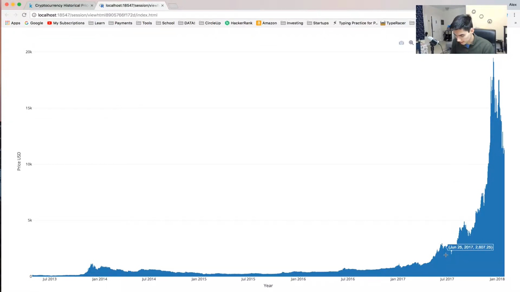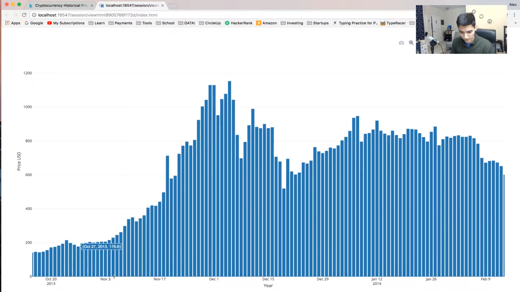You can see that starting in mid 2017, this is where Bitcoin really started to take off and take that exponential growth. We see that it was about $3,000 here in June, and just a few months later, we're already up to 15,000 territory. The first initial spike of Bitcoin price was here in around November of 2015.